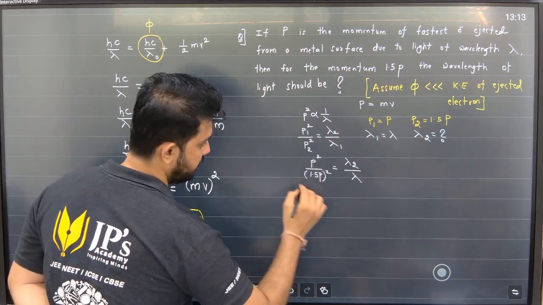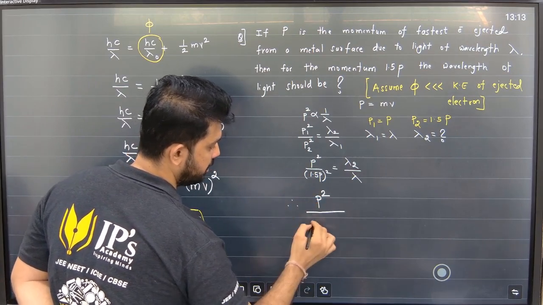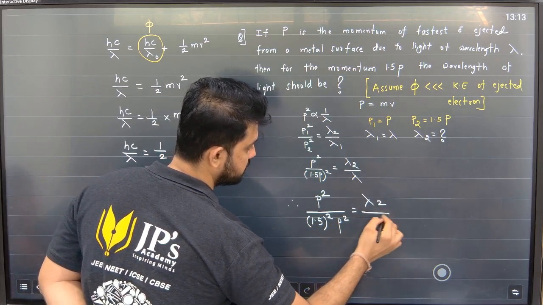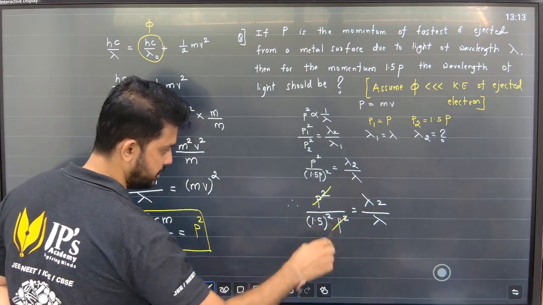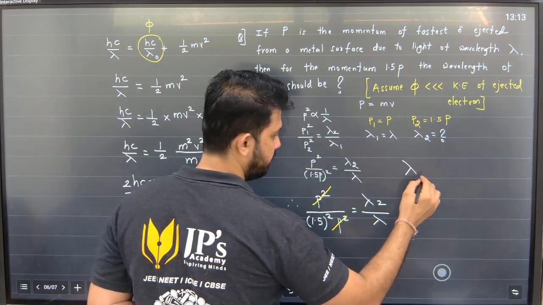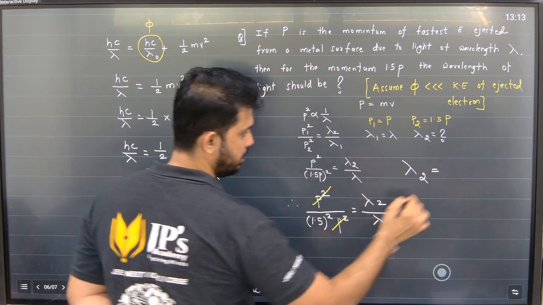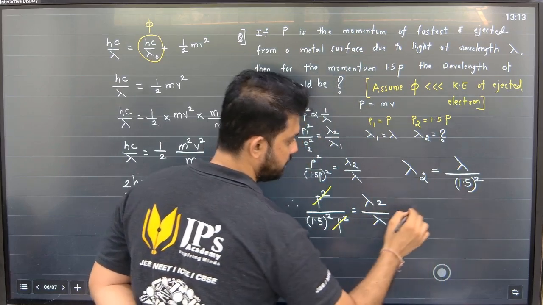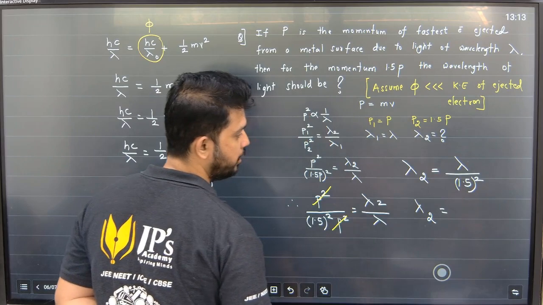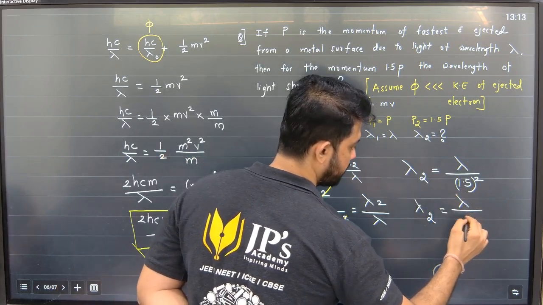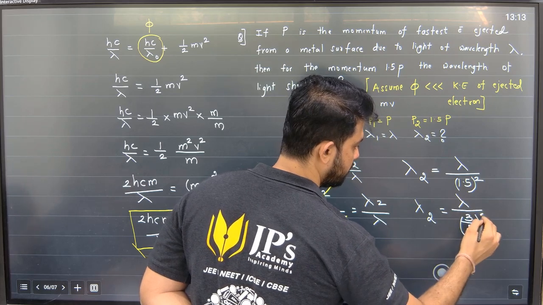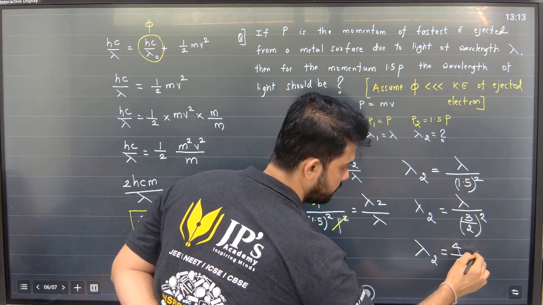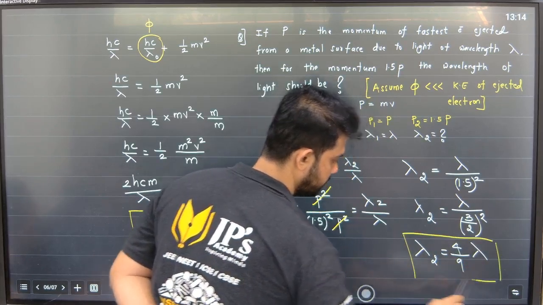Therefore I can write P square upon 1.5 squared P square is lambda 2 by lambda. P square cancelled. Lambda 2 is lambda over 1.5 the whole square, where 1.5 is 3 by 2, or we get lambda 2 is 4 by 9 times the original lambda.